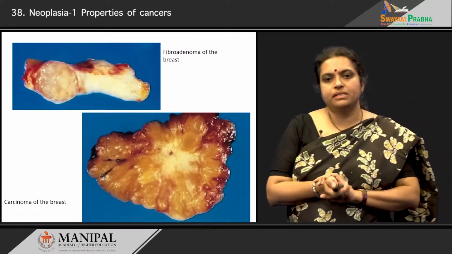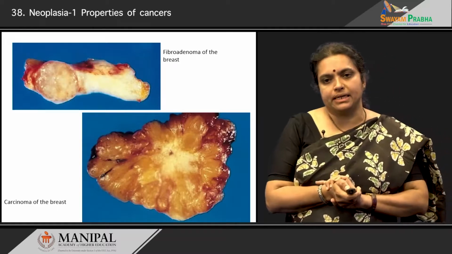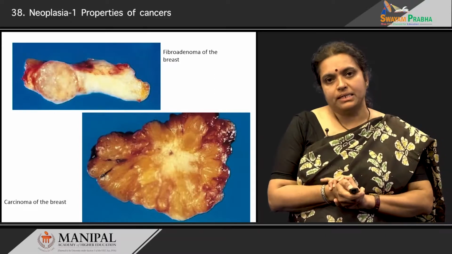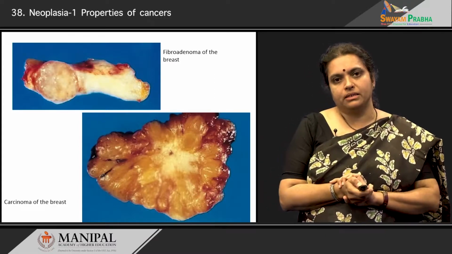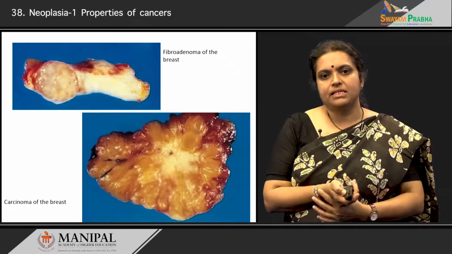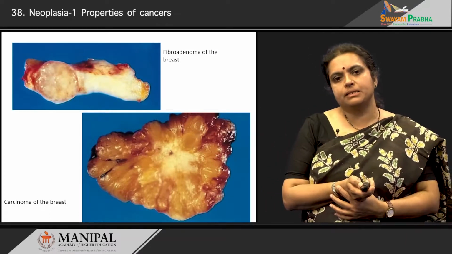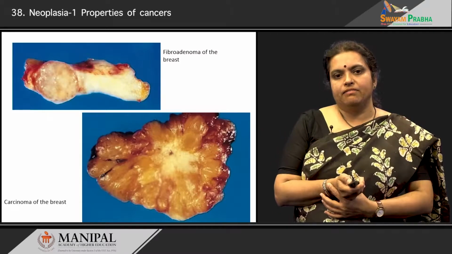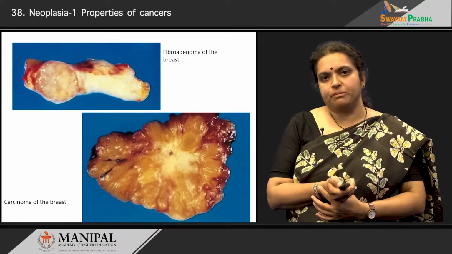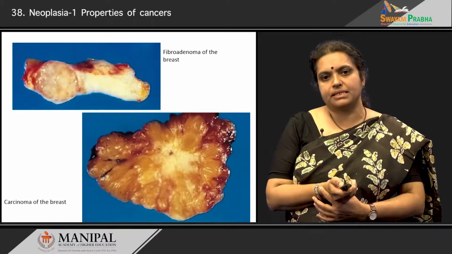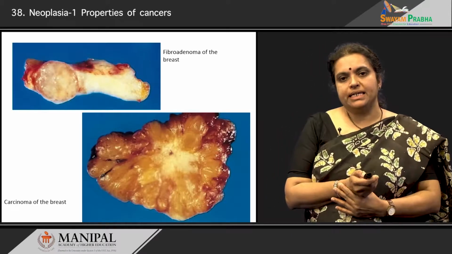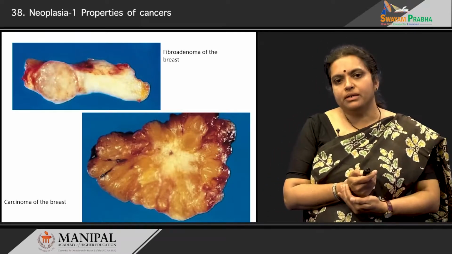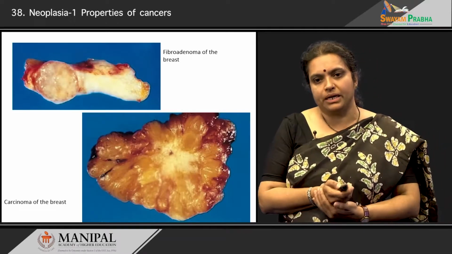These are examples of 2 tumors that occur in the breast, very common tumors. One is the fibroadenoma, the benign tumor. As you can see, it is a very well circumscribed tumor, completely separate from the normal surrounding breast tissue. So, the surgeon can easily scoop out the tumor and retain the normal tissue around it.